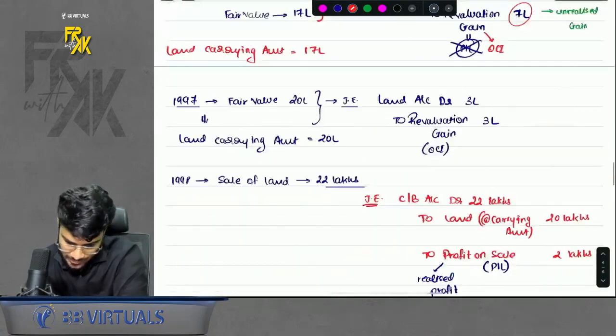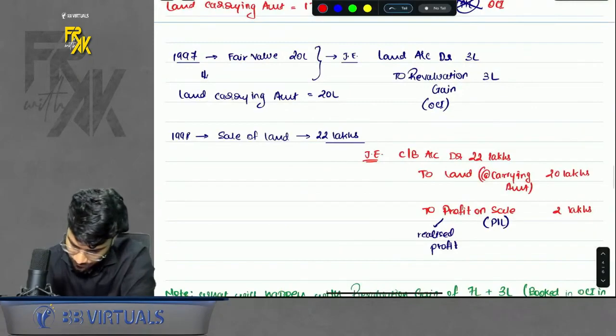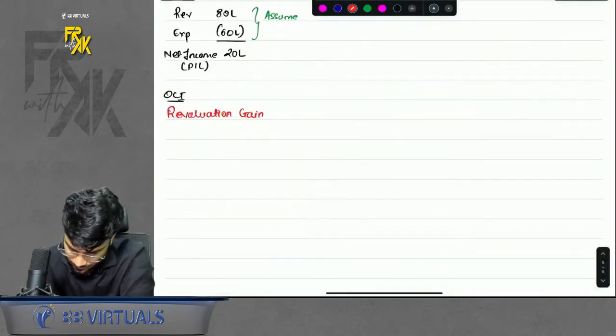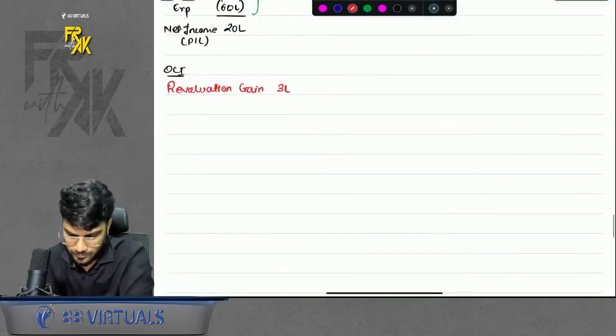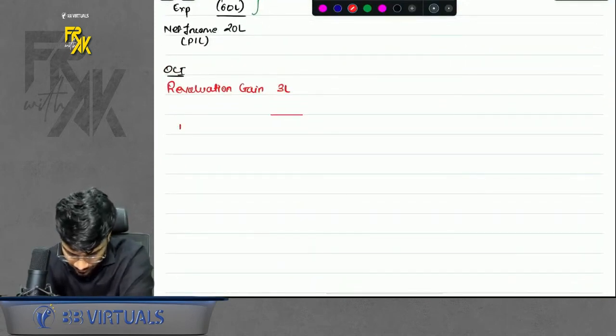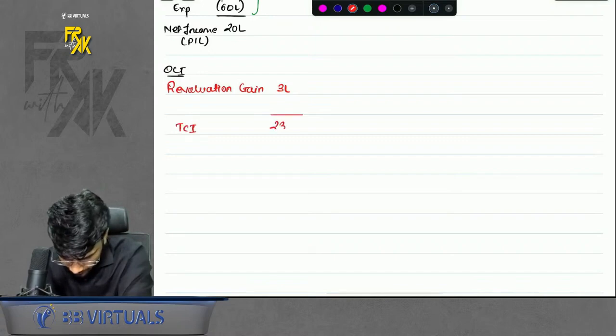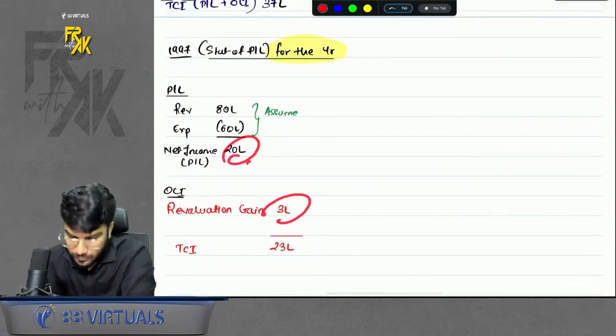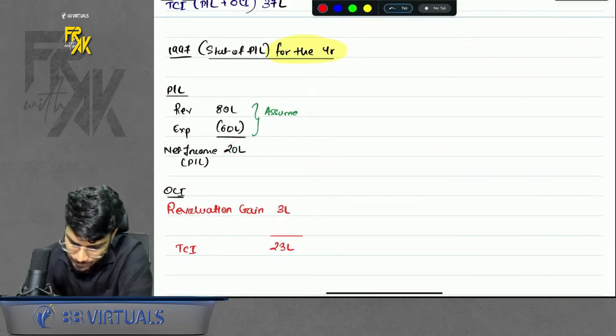So if we see the above example, we had a profitability of 3 lakhs. Total of this becomes, of course, TCI of 23 lakhs. So we recorded only the current year income in profit and loss and OCI.